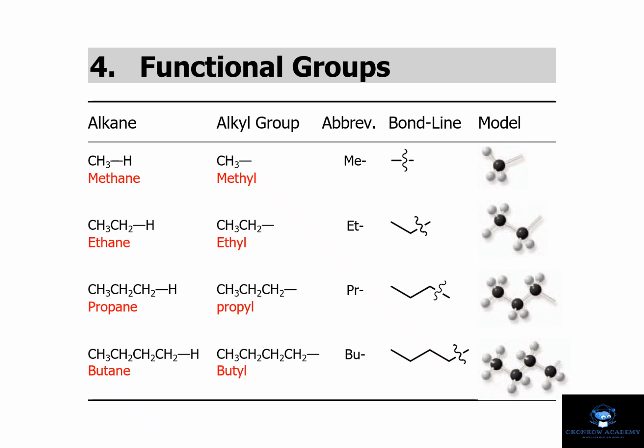So common examples: methyl, that's CH3 dash, ethyl CH3CH2, propyl CH3CH2CH2, and butyl CH3CH2CH2CH2. So that's the alkyl group. These are abbreviated like Me, Et, Pr, and Bu respectively.